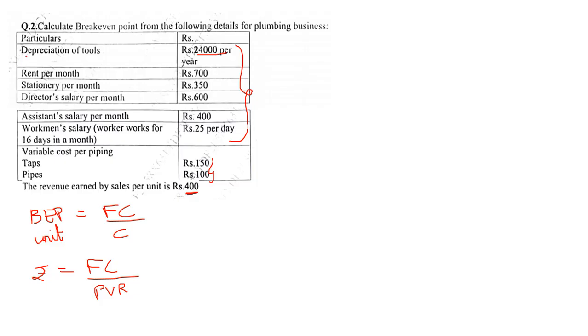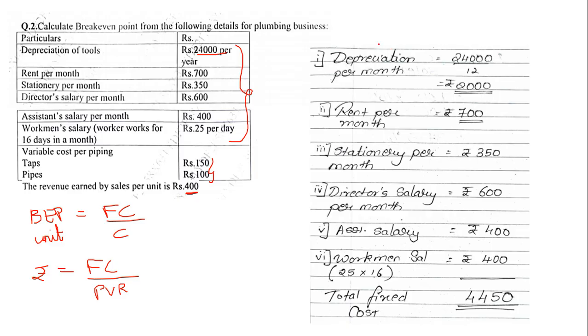The fixed cost will be taken from depreciation, rent, stationery, director's salary, assistant salary, and workman's salary per month. So the very first working will be based on fixed cost. Depreciation is given as 24,000 per year, so 24,000 divided by 12 becomes 2,000 per month. Rent per month is directly given as 700.